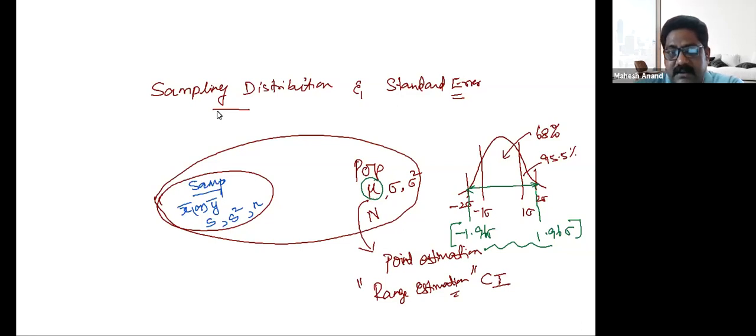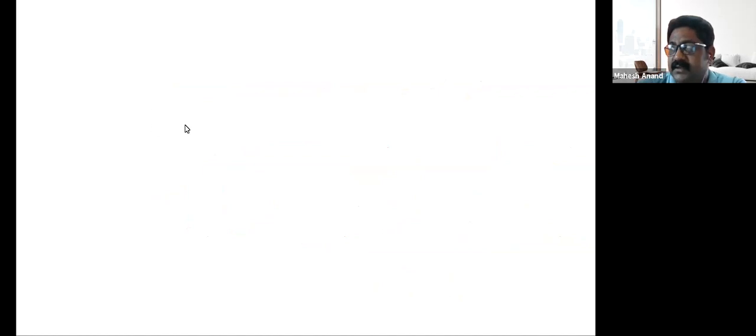Having said that, the logic here is that nobody can have access to the entire population distribution in reality. That is why we go for inferential statistics, because your population is ever growing. Suppose I wanted to estimate the average age of the newborn babies born in India, for a full term.